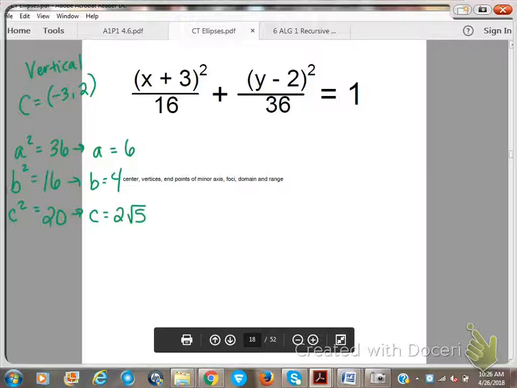I find that it's easiest to graph it and then tell what the vertices, the endpoints, and the foci are, because it's just visual. It's helpful. All right, so we'll start at -3, 2. So here's my center.